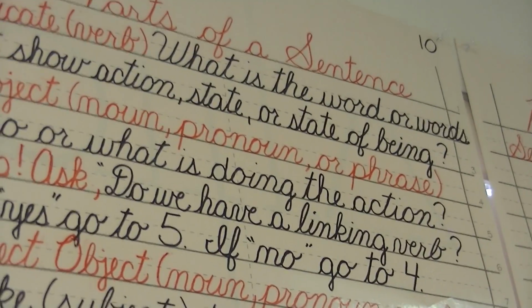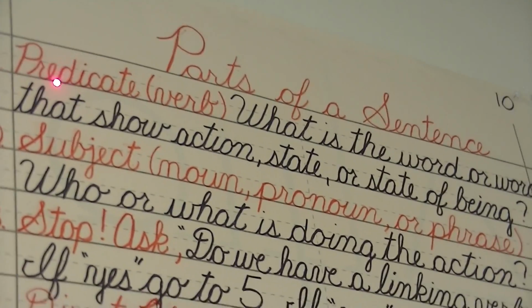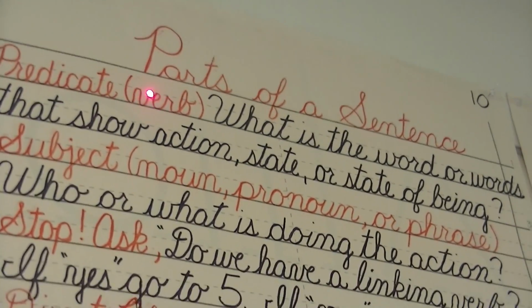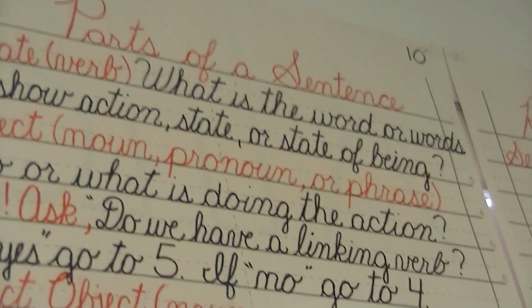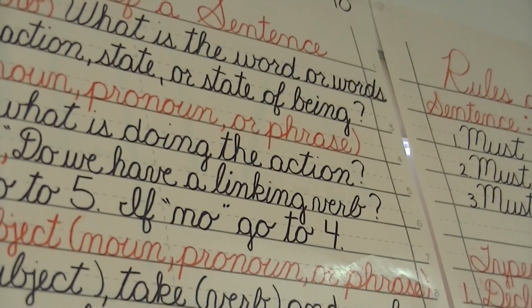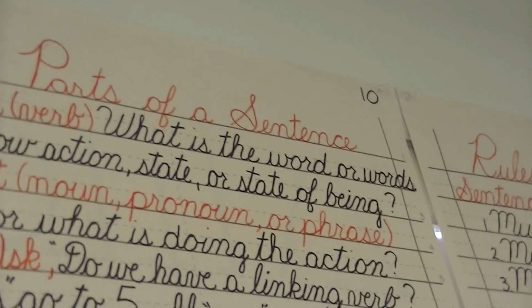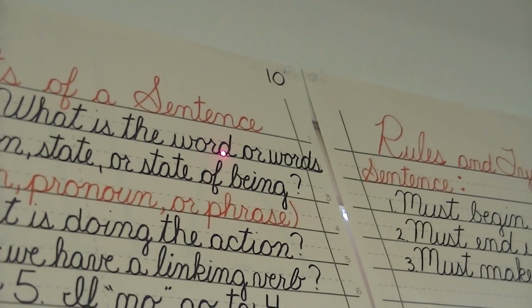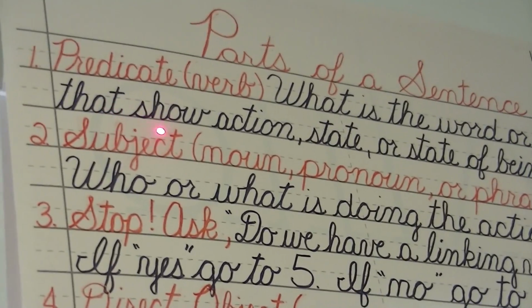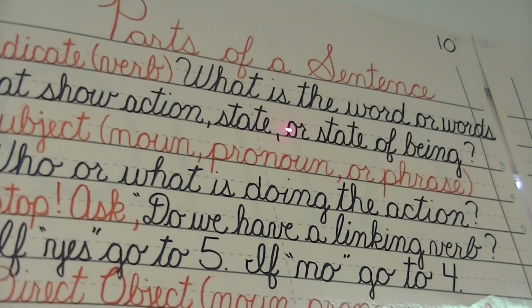All right. So now what is the first thing we're going to look for in deciding which part of the sentence we have? We're going to look for our predicate. And a predicate is a verb. And a verb shows action, state, or state of being. And the question we're going to ask is, what are the word or words that show action, state, or state of being?